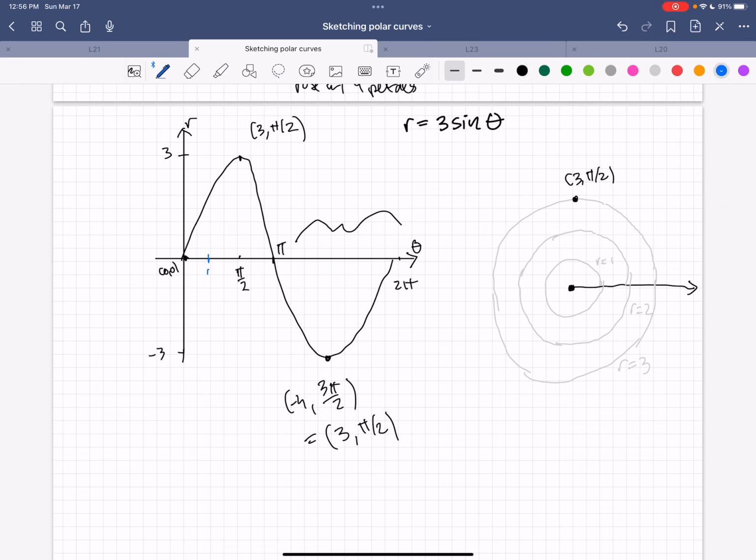So let's say we look at pi over 4. This is going to be at 3 root 2 over 2. So what is 3 root 2 over 2? Some number. I'll get what it is so I can just place it properly between what we've got.